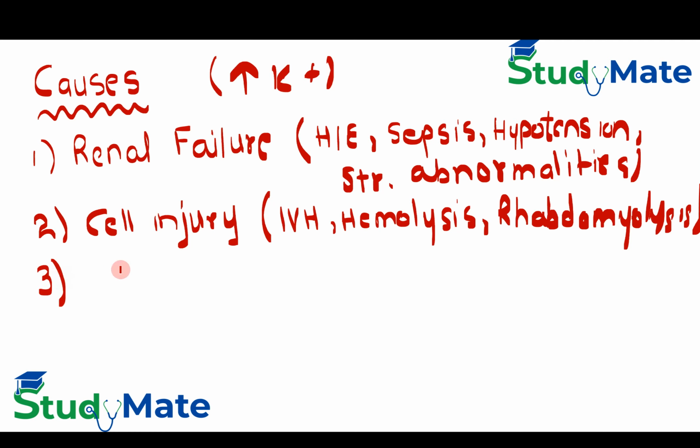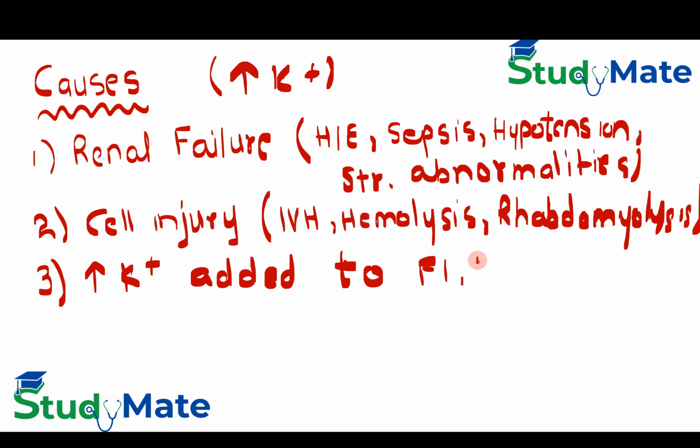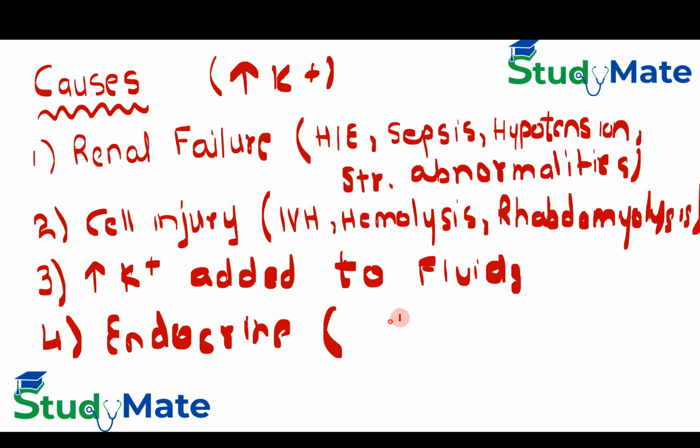Another basic cause of hyperkalemia may include increased potassium added to the maintenance fluids, or the fluids that are basically being infused to the patient. Endocrine abnormalities like congenital adrenal hyperplasia can lead to hyperkalemia.